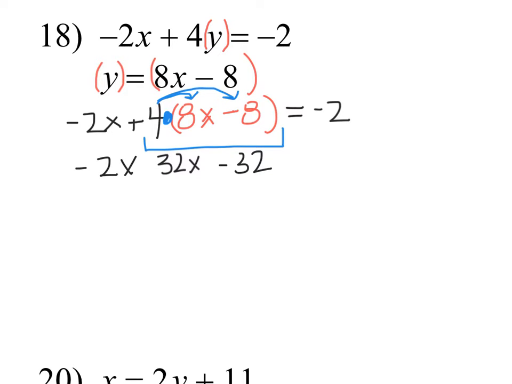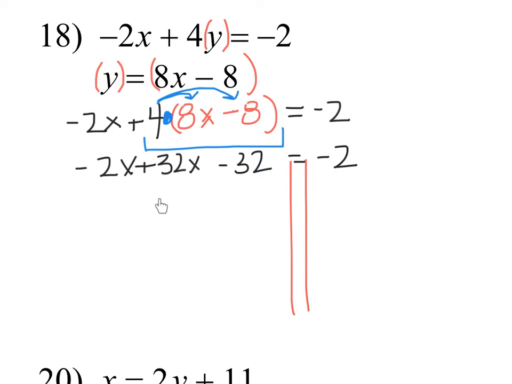I'm bringing down my negative 2x and my plus, and that is all equal to negative 2. I can make my railroad tracks, but I'm not ready to solve yet. What I notice is I've got some x's over here, 2 negative ones, and I've got some x's here, 32 positive ones.